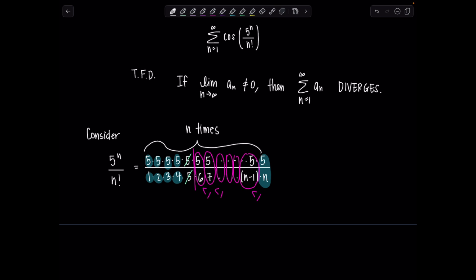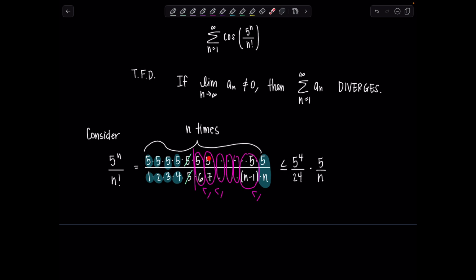But I can now say, with confidence and accuracy, that this entire product here is less than or equal to 5 to the 4th over 1 times 2 times 3 times 4, which is 24, times 5 over n. I'll repeat that.